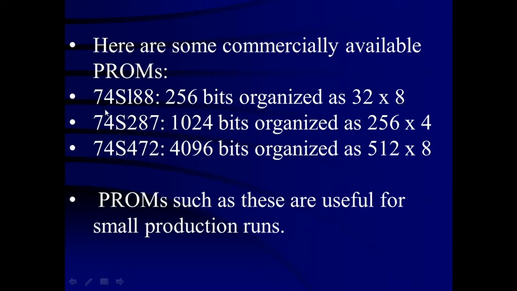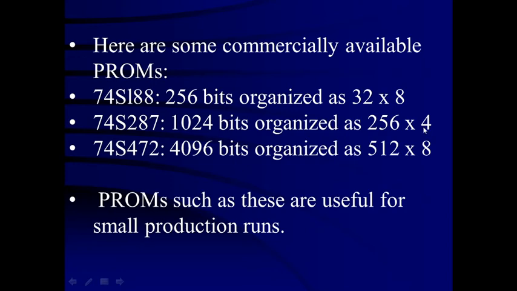Similarly, this IC 74S287 is 1024 bits organized as 256 words, and each word has a length of a nibble, or group of 4 bits. So, a group of 4 bits means there will be 256 horizontal lines and only 4 vertical lines.